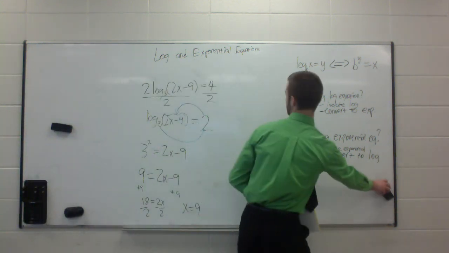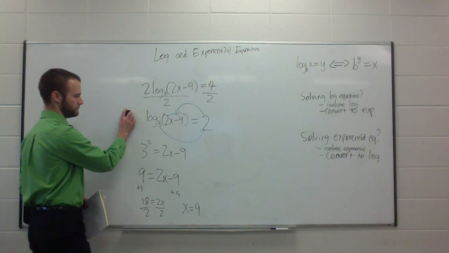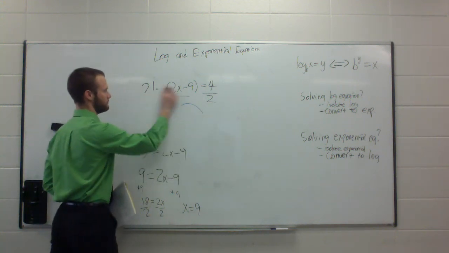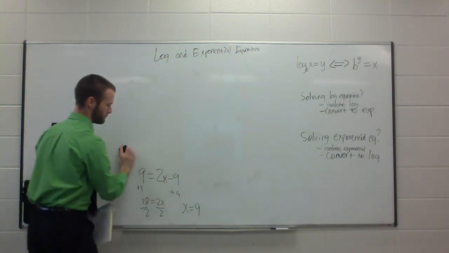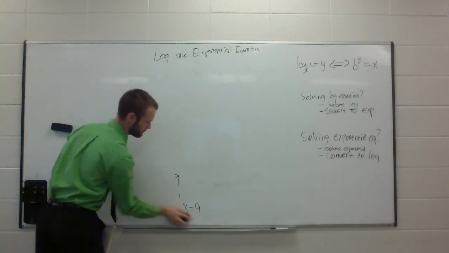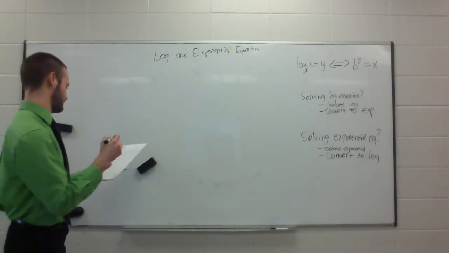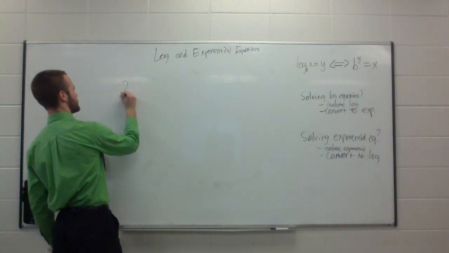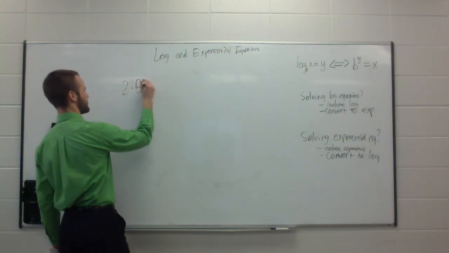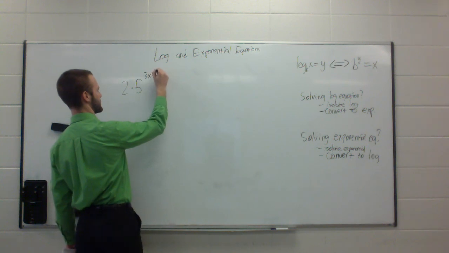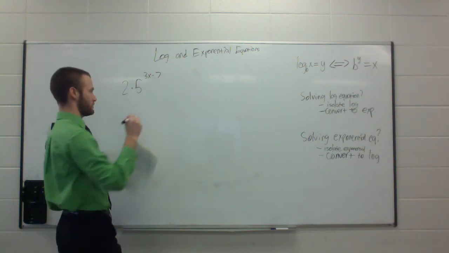So next, let's solve an exponential equation. Say we have 2 times 5 to the power of 3x minus 7 equals 50.